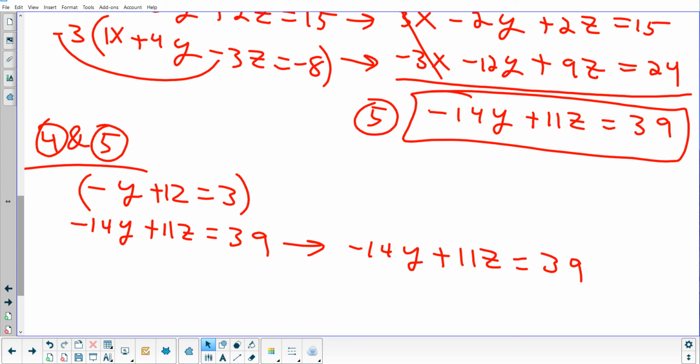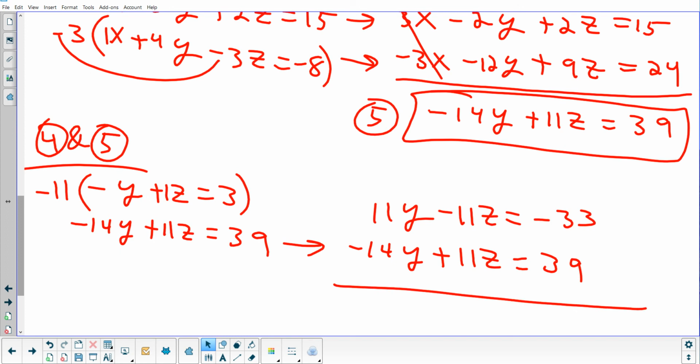And what are we going to multiply the top one by? Negative 11. Yep. So multiply the top by negative 11. That's going to give you positive 11y minus 11z equals negative 33.